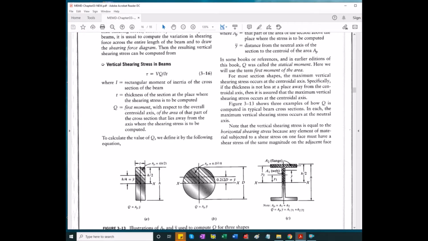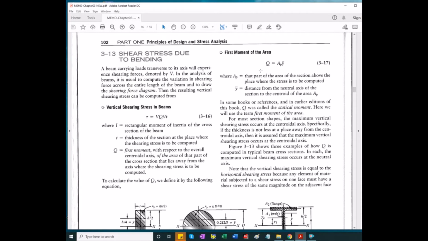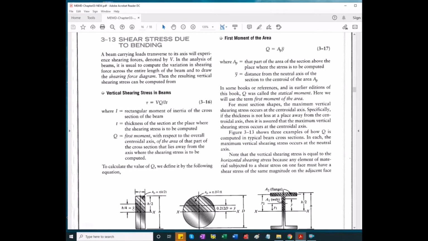and the first moment of area, you get it by taking the area either above or below, times the distance from the neutral axis to the centroid of the cross section above the line.